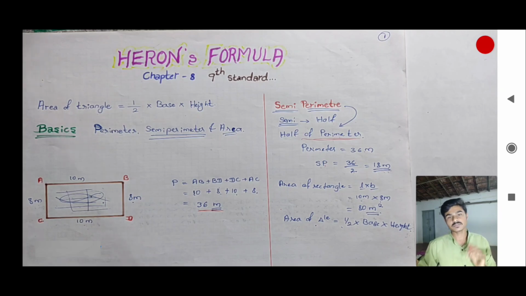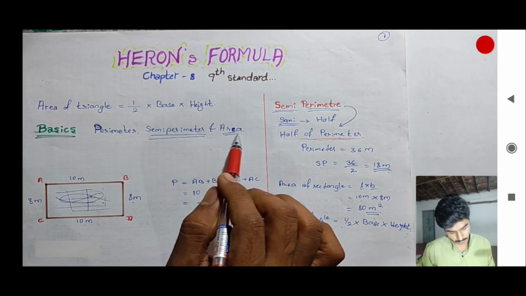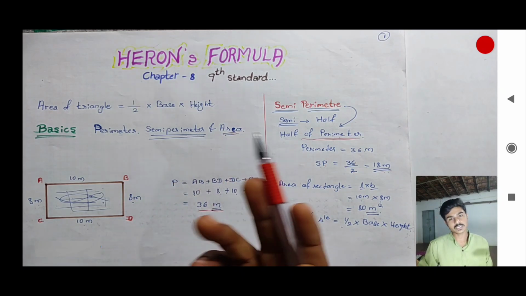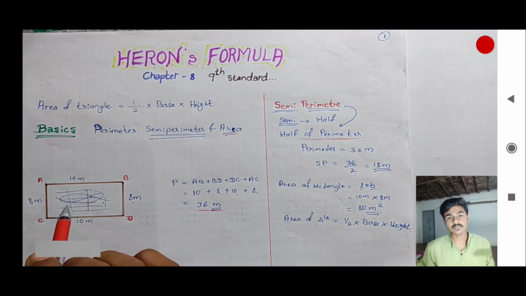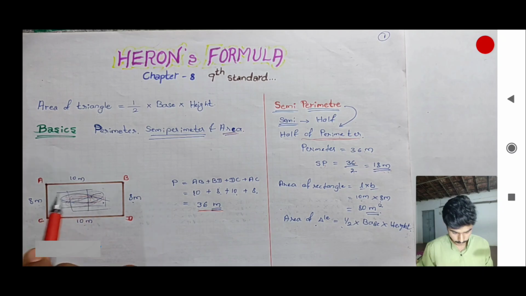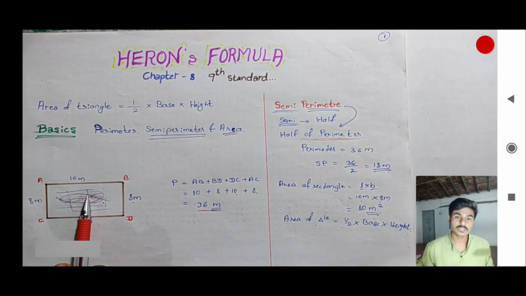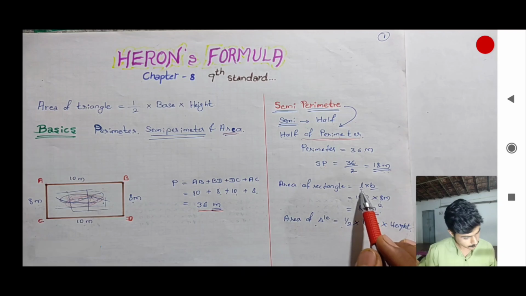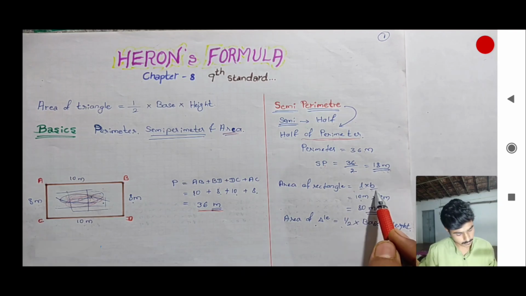Let us move on to the next basic concept, that is area. Again, in order to explain area, I will take this rectangle as an example. This whole inside space, if we measure it, it will come out as area. This whole inside space is called area. As you know, the formula to find out the area of a rectangle is L into B, that is length into breadth.